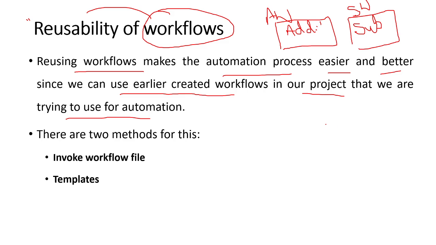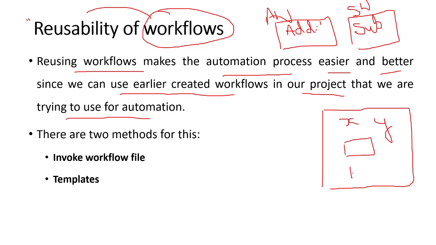Now let us assume that you want to automate a task. The given task is you need to read two numbers, let us say x and y, from the user, and then you need to add the two numbers, subtract those two numbers, and display the result of addition and subtraction. Let us assume this is the requirement and this is the current project you are working on, right?